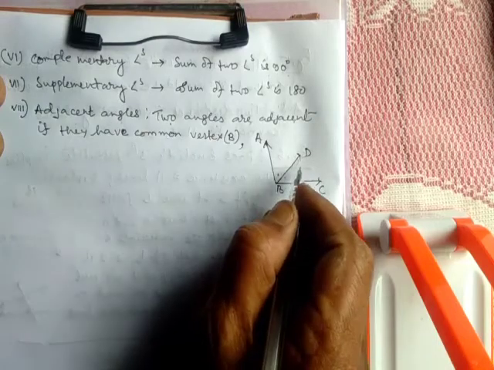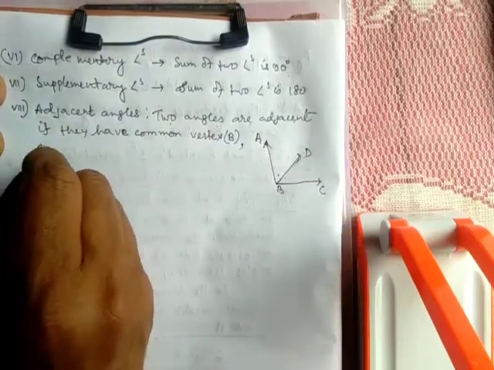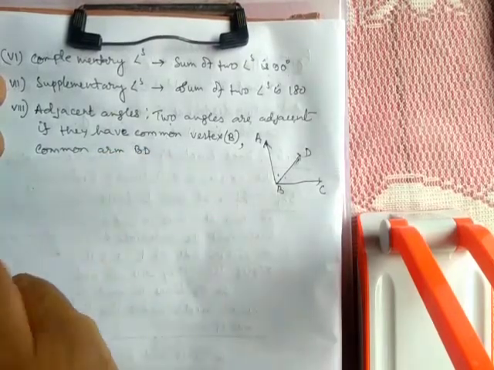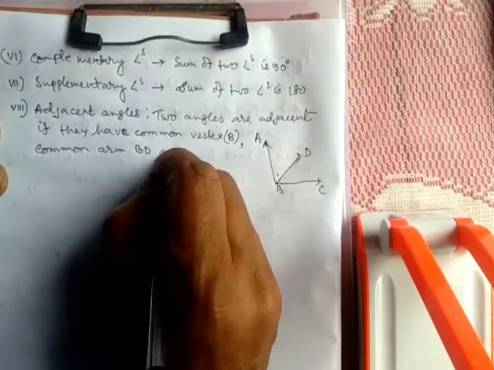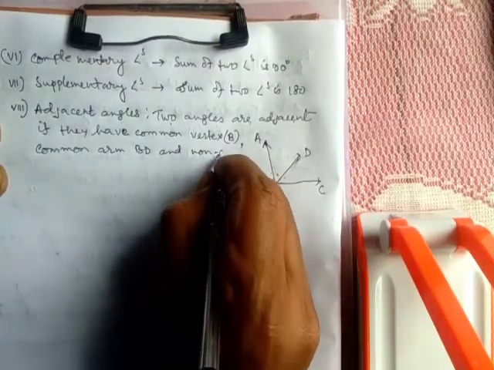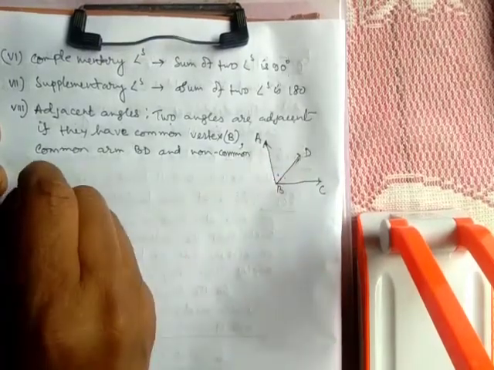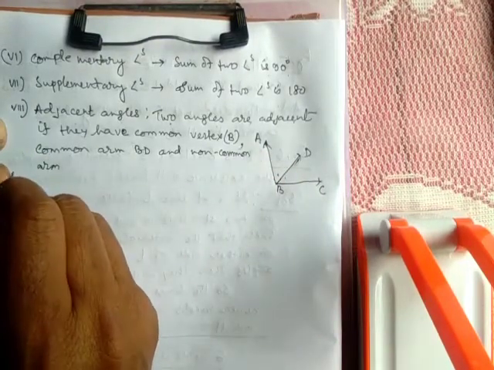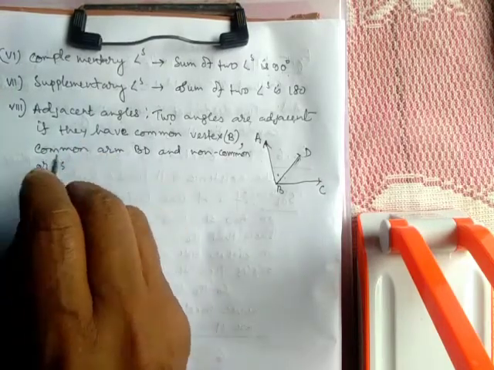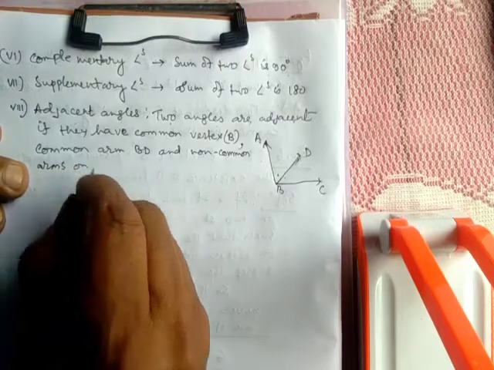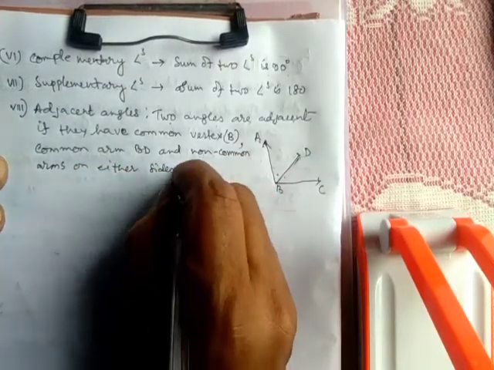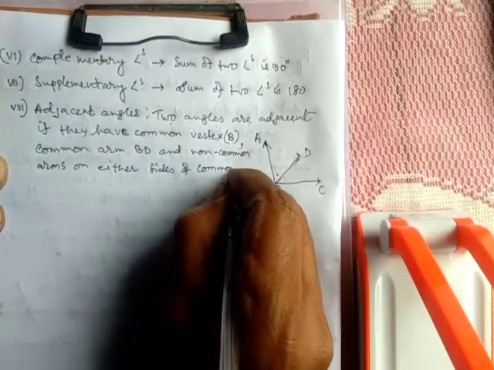Common arm, this is again common arm BD, and this common arm BD and non-common arm on different sides of the common arm, on either side of the common arm.